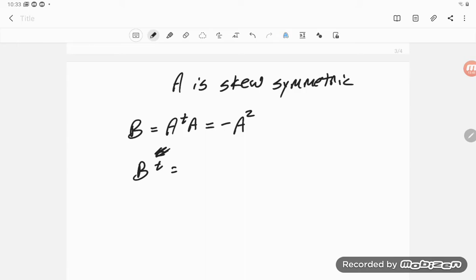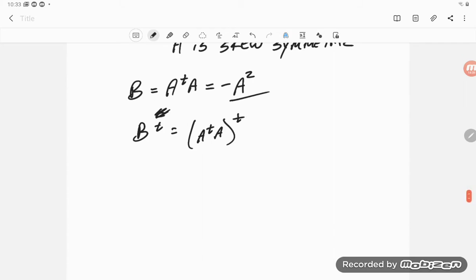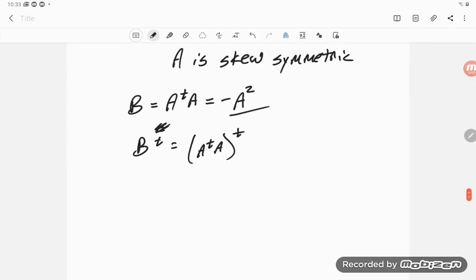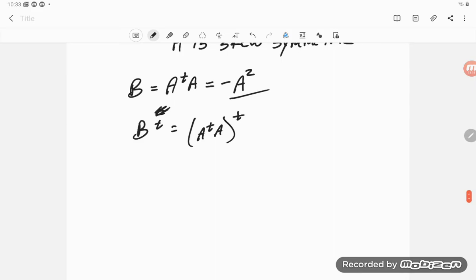Let's look at B transpose then. I'm trying to think if that's really helping me or not. So let me just go with B transpose and do it as I did before, A transpose A transpose, and just see what happens. But notice that B is indeed minus A squared.